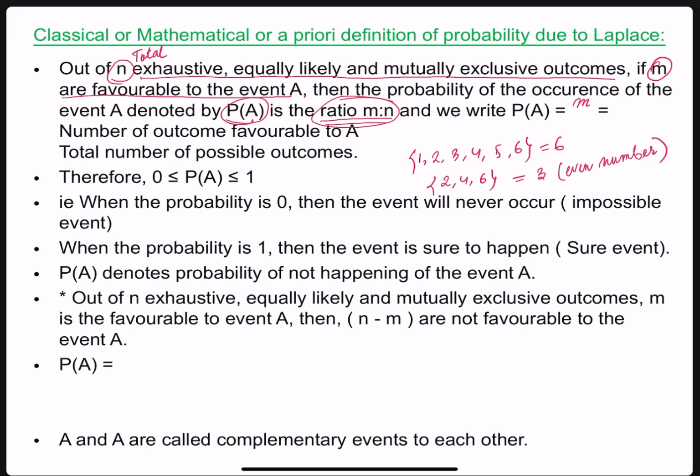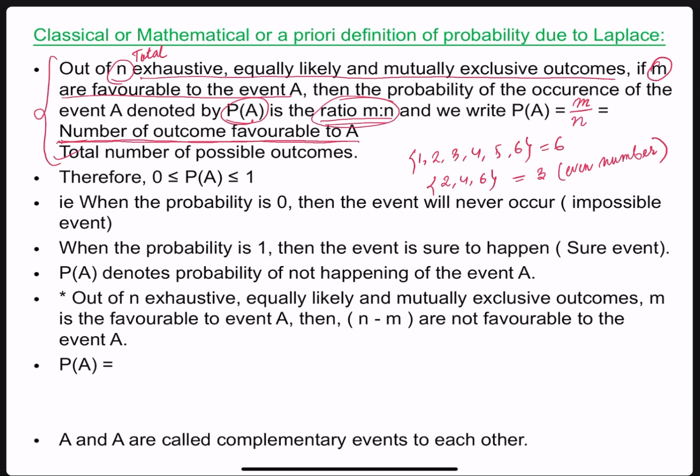P of A, the probability of A, is equal to m, that is the favorable outcomes divided by total outcomes. We can represent this as the number of outcomes favorable to A divided by the total number of possible outcomes. So this is the definition of probability if they ask in the exam.